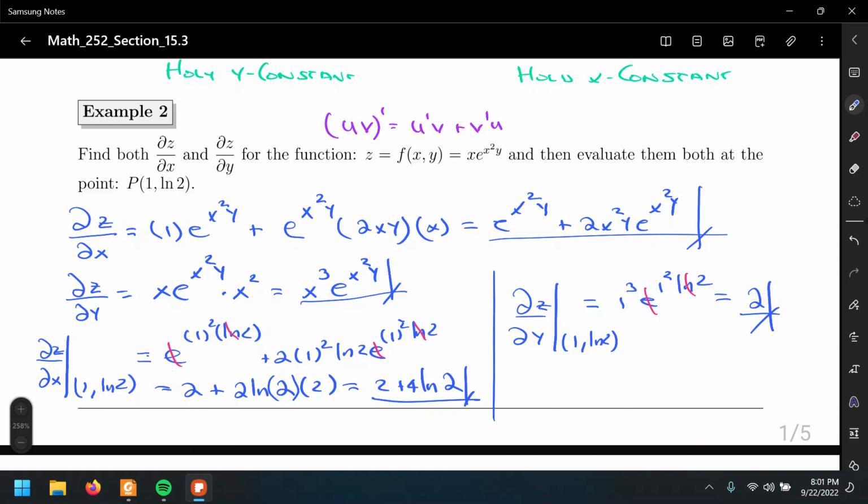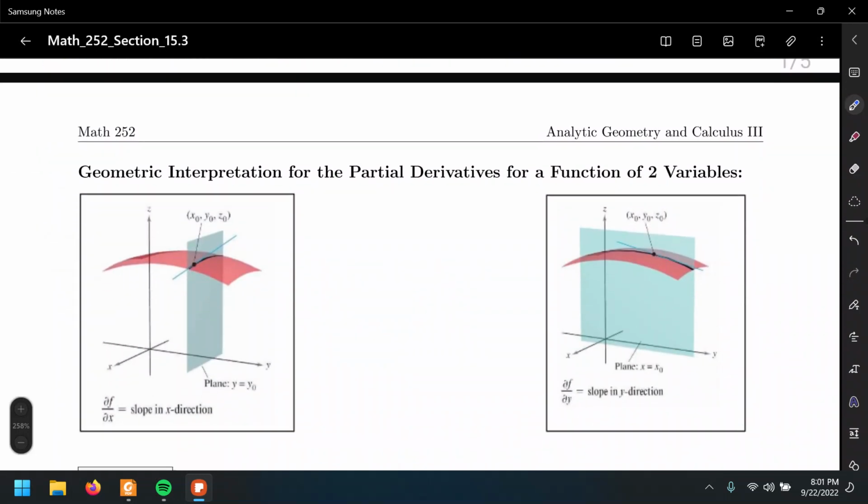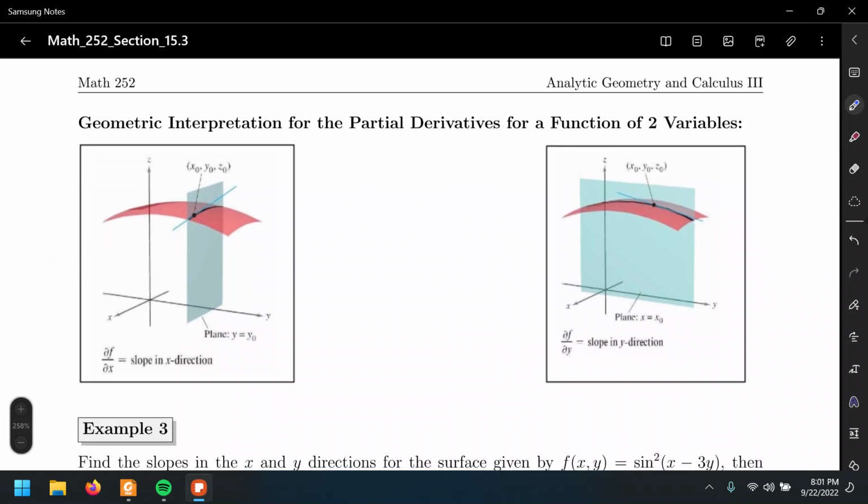Okay, let's look at the geometric interpretation of this, which is hopefully what would help us get out of the weirdness here, like holding one of the variables constant while the other is changing. So we have the surface here, and well, it's the same concept as back in calculus 1 when we found the derivative.